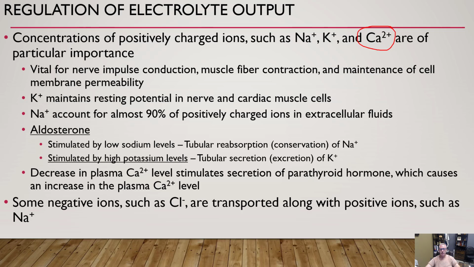So aldosterone is going to be stimulated by low sodium levels. So therefore, we're going to see tubular reabsorption or conservation of sodium. And it's also stimulated by high potassium levels, because remember, we conserve sodium and we excrete potassium. So aldosterone can be stimulated by two things: low sodium or high potassium.